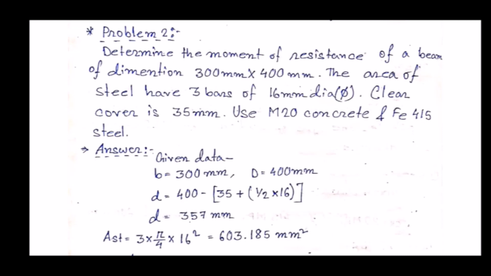So to find out the effective depth, from the total depth we have to deduct the clear cover and half the dia of the reinforcement bar, that is half of 16. So small d is 400 minus (35 plus half into 16), that is equal to 357 mm. Now we have got the effective depth for this section, that is 357 mm.